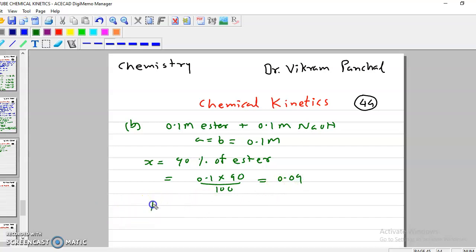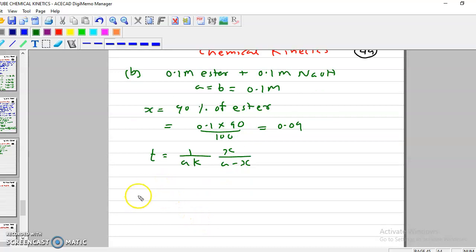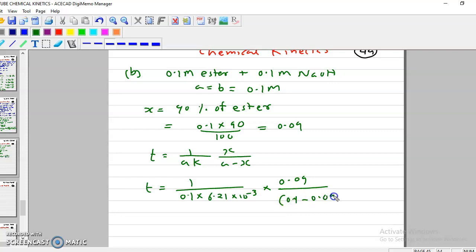Now t is equal to 1 upon Ak into x upon A minus x. Substitute all values: t is equal to 1 upon 0.1 into 6.21 into 10 raised to minus 3, x is 0.09 upon 0.1 minus 0.09. Here you find out t, which is also in seconds.